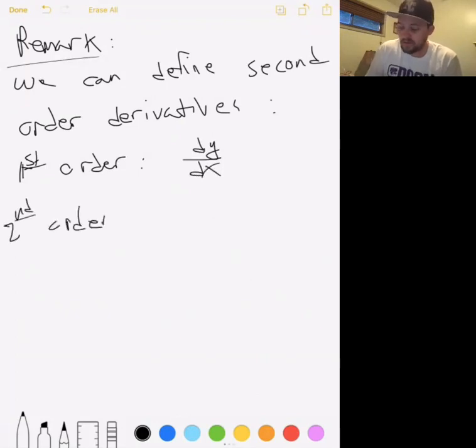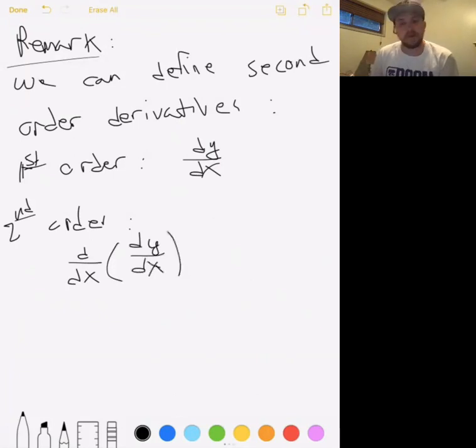Well, it's the second derivative. That means you take the derivative of the derivative, and then we want to see what this is. In Leibniz notation, we denote this d squared y over dx squared. This is what we call the second derivative. Again, that's the derivative of the derivative.